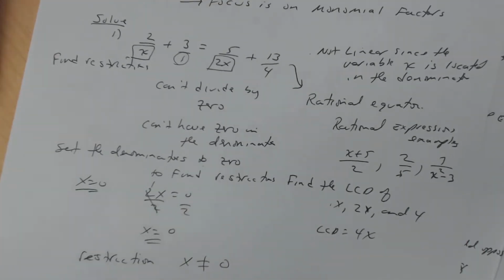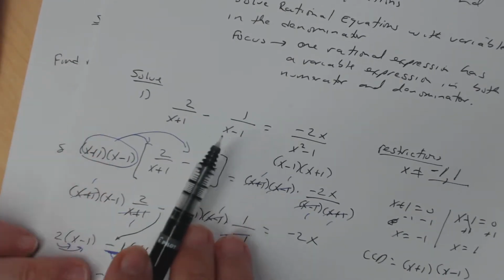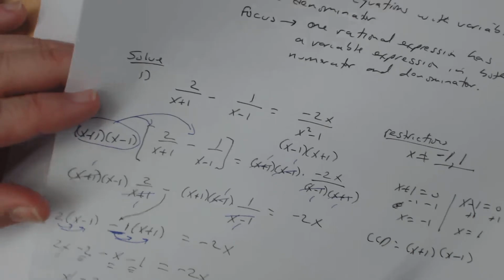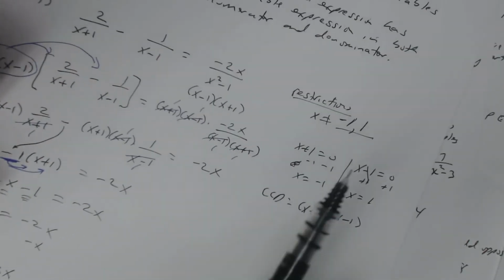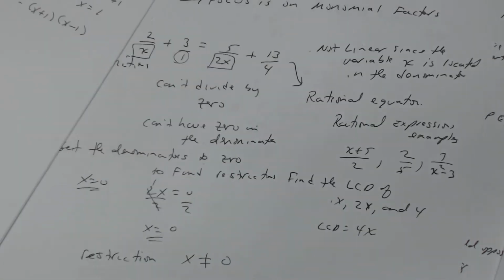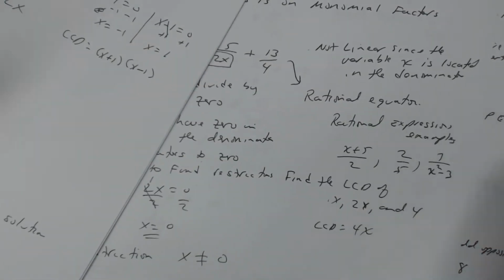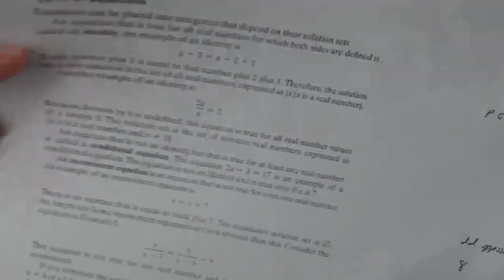Now when I go to this one right here, remember when I solved this rational equation, I got x equals 1, but remember that was a restriction. Let's talk about the definition of an inconsistent equation: an equation that is not true for even one real number.